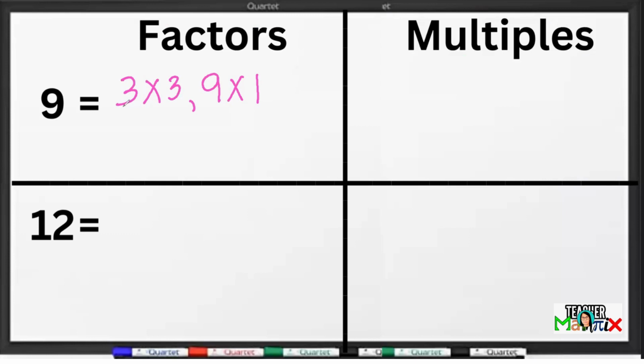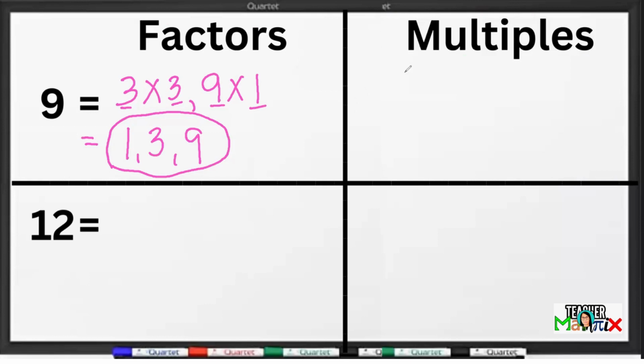Yan yung mga factors. 3, 9, 1. So meaning, the factors of 9 are, let's start with the smallest factor, 1, then 3, and 9. Okay, ito yung mga factors ng 9.